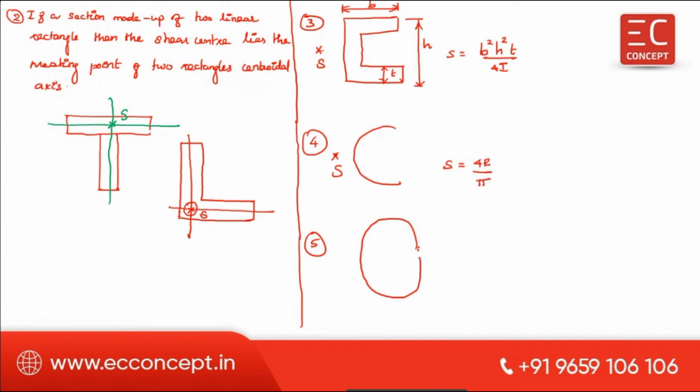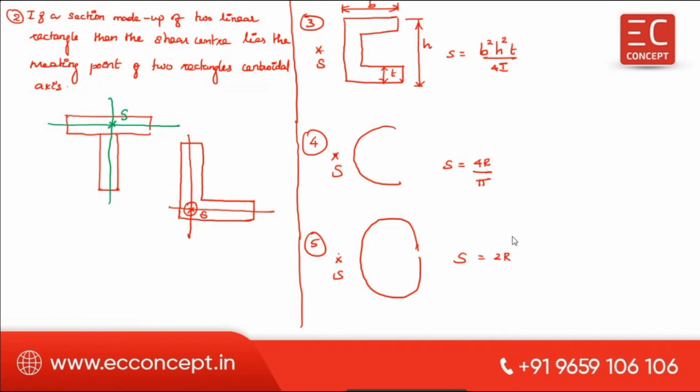Here is the shear center, and the distance is equal to 2r from this. So you have to keep in mind where the shear center lies for the channel section, the C section, and this section, and also the values.